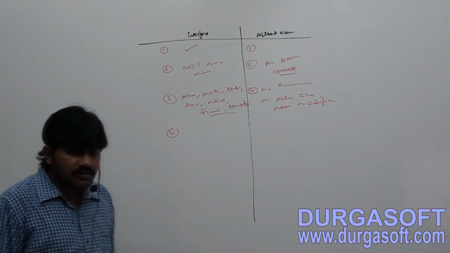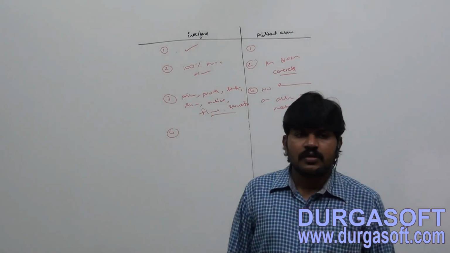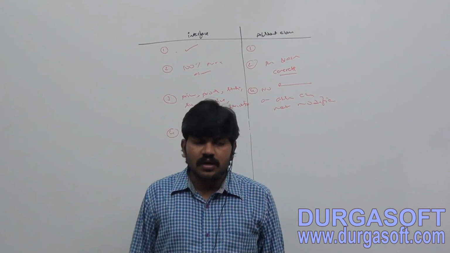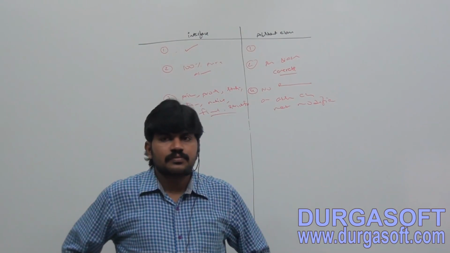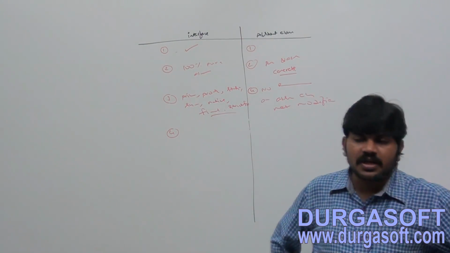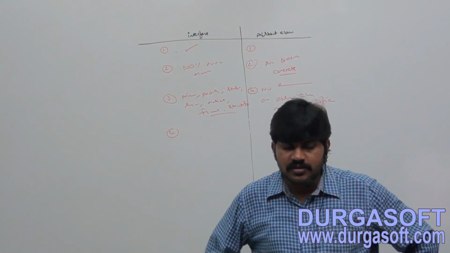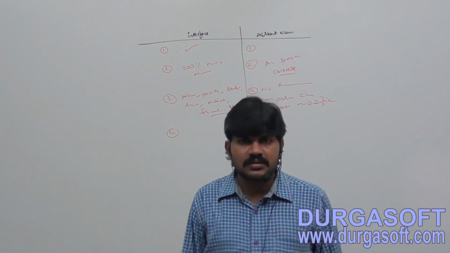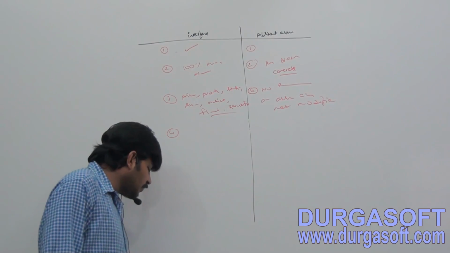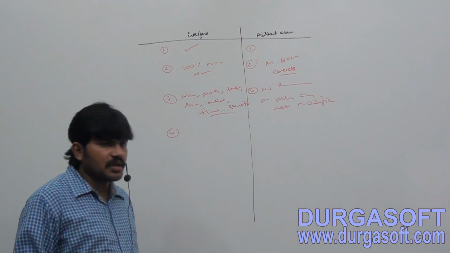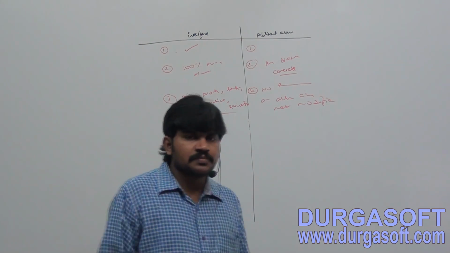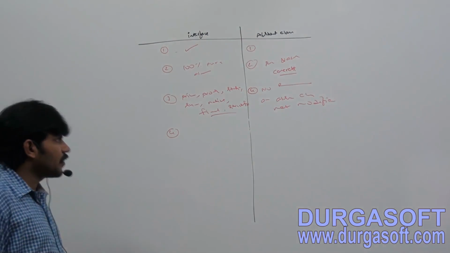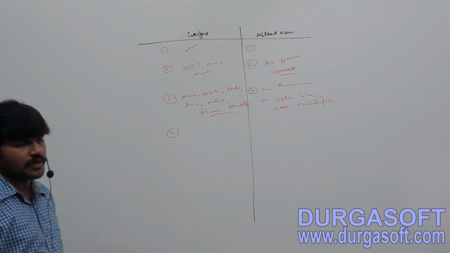Third point. As every interface method is always public and abstract, hence we can't declare it with the following modifiers.